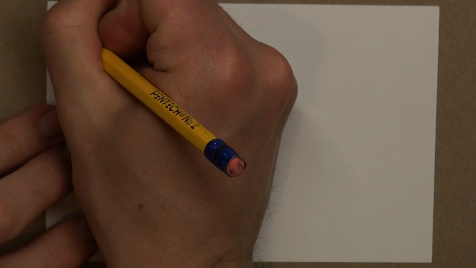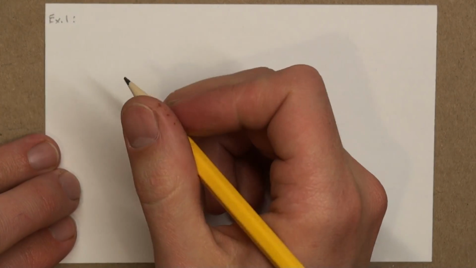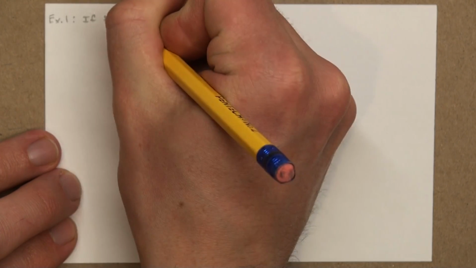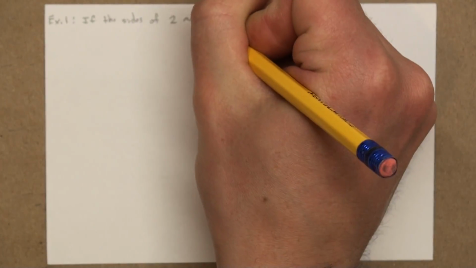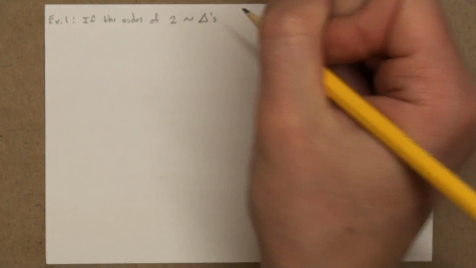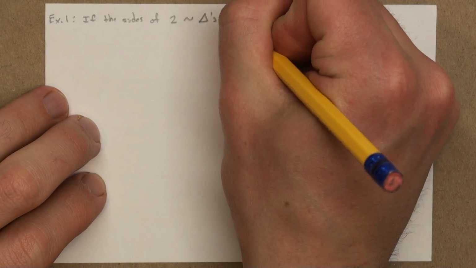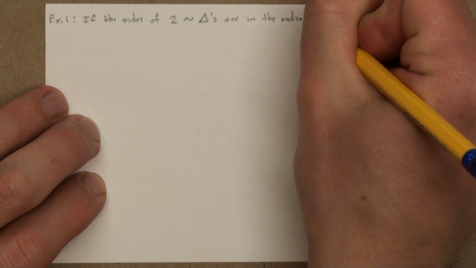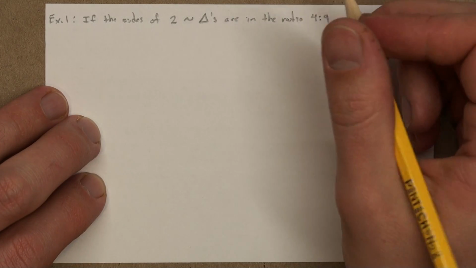All right, so let's do an example of the first one. If the sides of two similar triangles are in the ratio 4:9, what is the ratio of their perimeters?